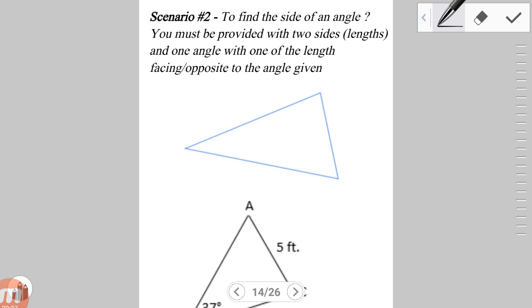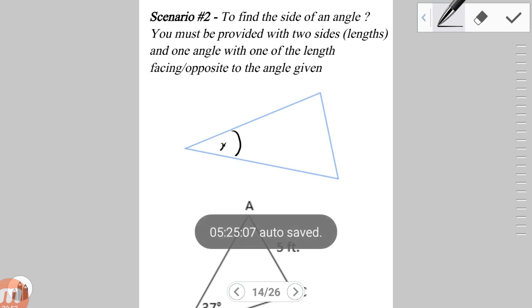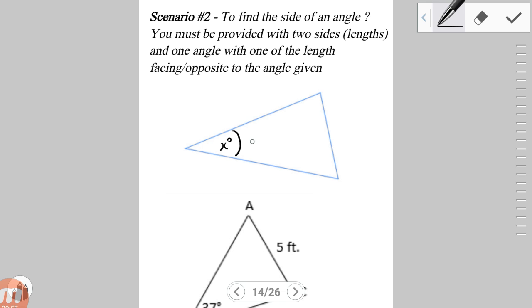We must be provided with 2 lengths, but one of them must be facing the angle that was given. So let's say for argument's sake that we are looking for the angle marked by x degrees. Then we must be provided with a length facing that missing angle, say for example, length A.